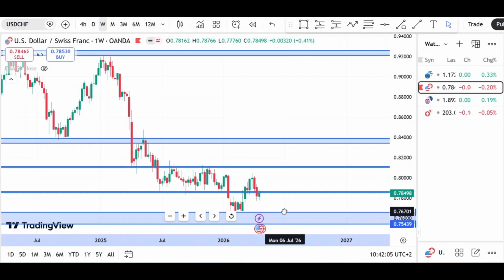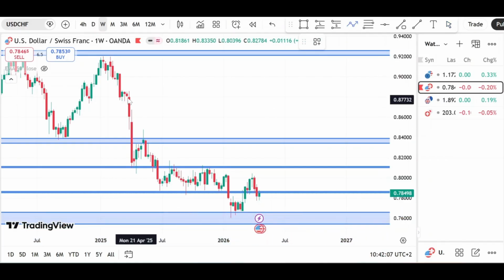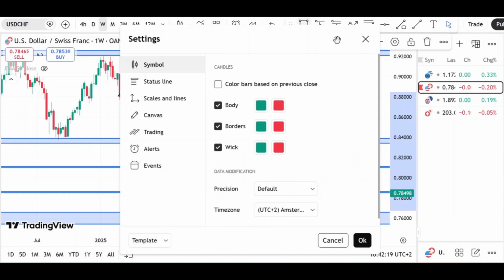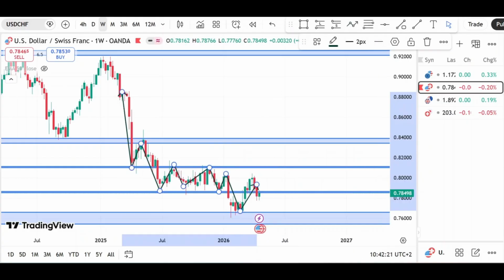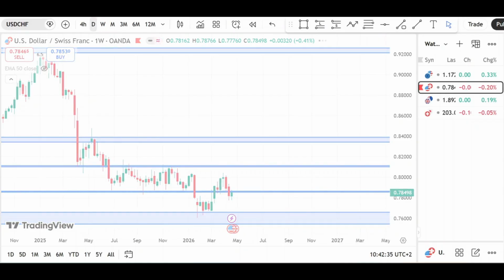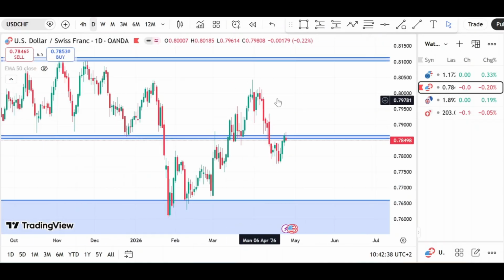As you can see, we have currently seen a break of structure, lower low, lower high, lower low, lower high, equal low, equal high, and then a consolidation. So let's go to the daily time frame to see what's happening on this level. Here is what will dictate what we're going to do.